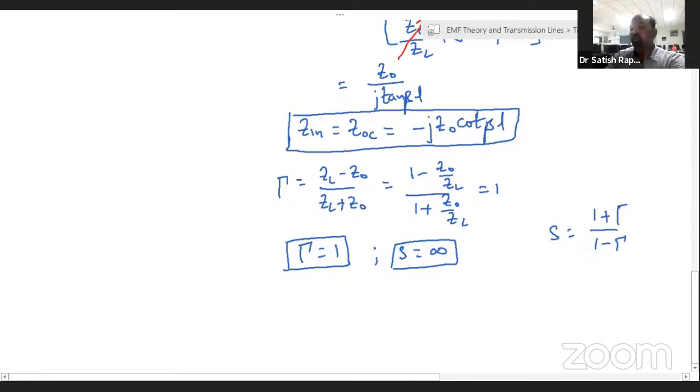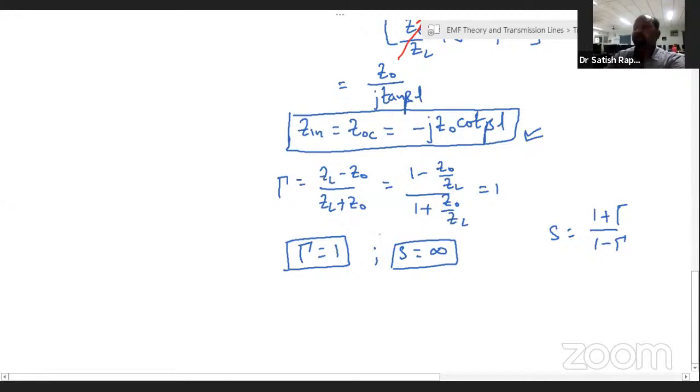So therefore the voltage standing wave ratio is infinite. Therefore, the input impedance of an open circuited transmission line is minus j Z0 cot beta L, and this is the reflection coefficient and standing wave ratio.